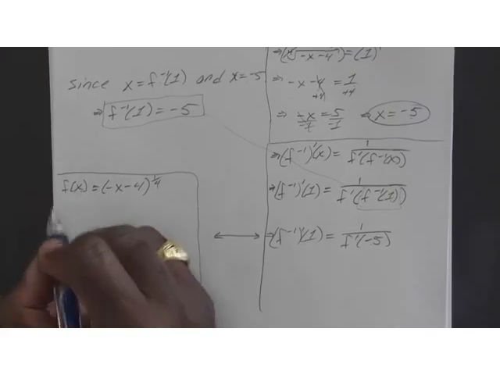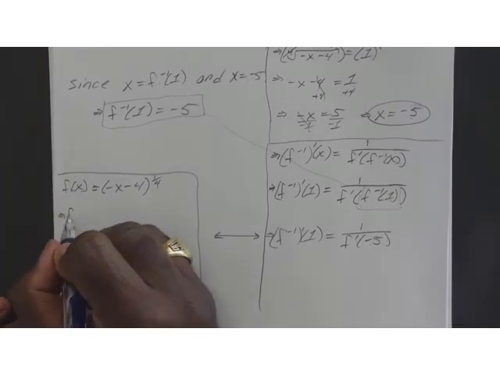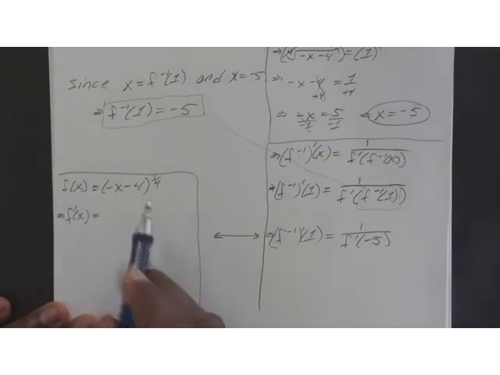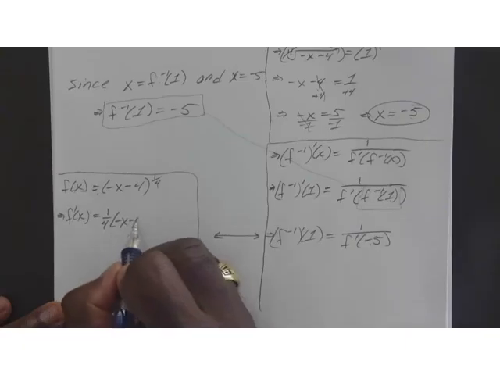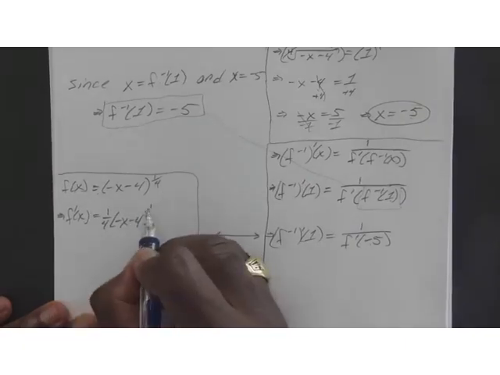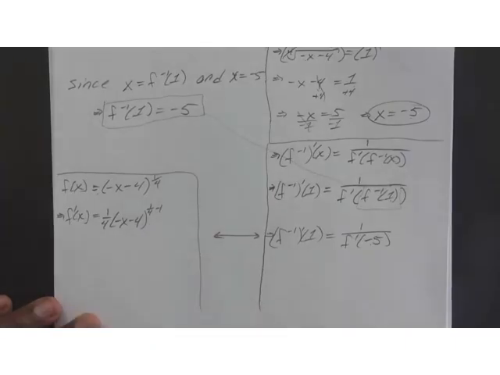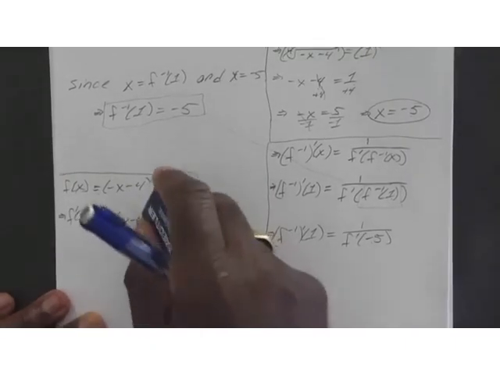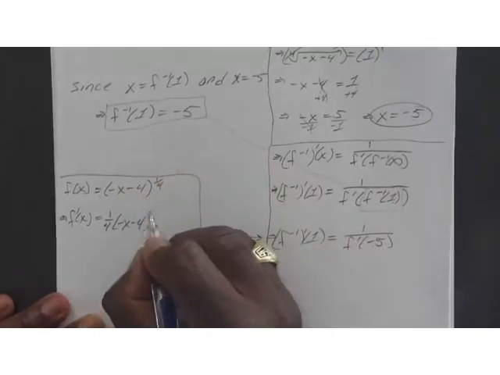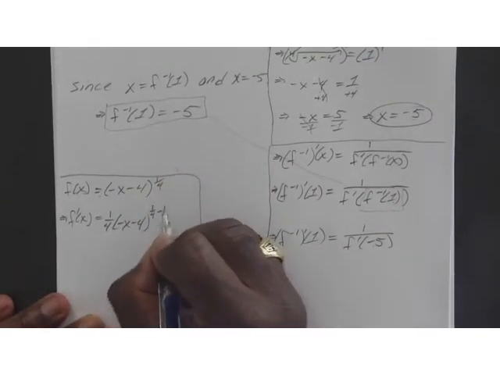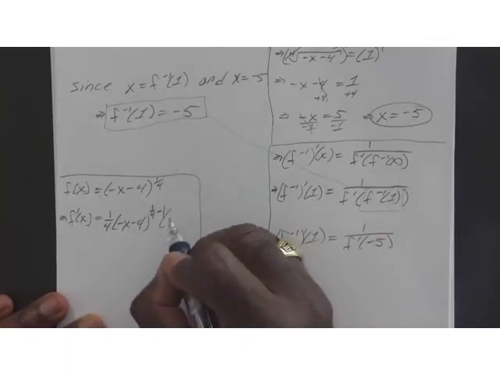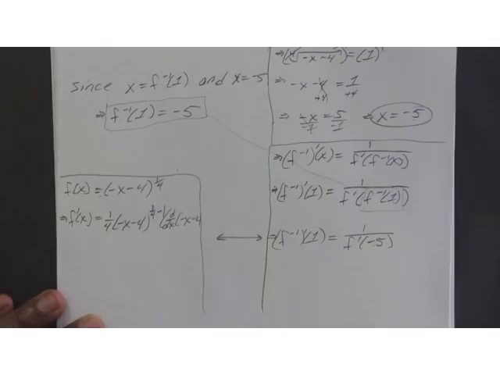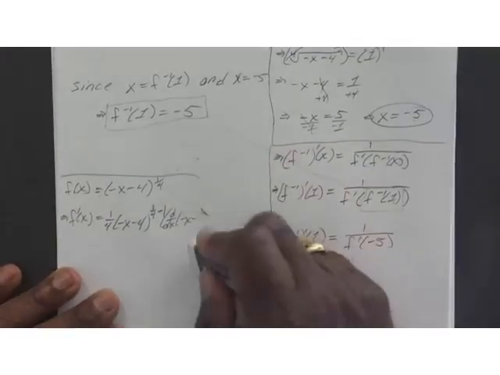So using the chain rule, you know that f prime of x is equal to, we get that 1/4, bring it down to the front, negative x minus 4 to the 1/4 power minus 1, 4 minus 1 times the derivative of what's inside, negative x minus 4.